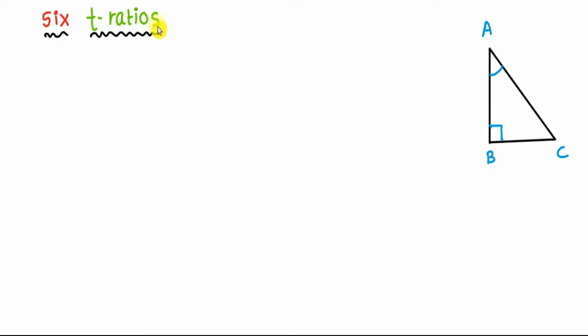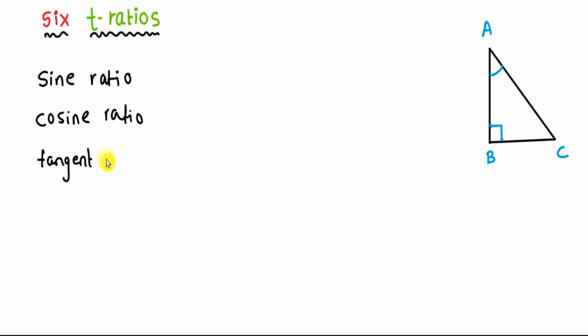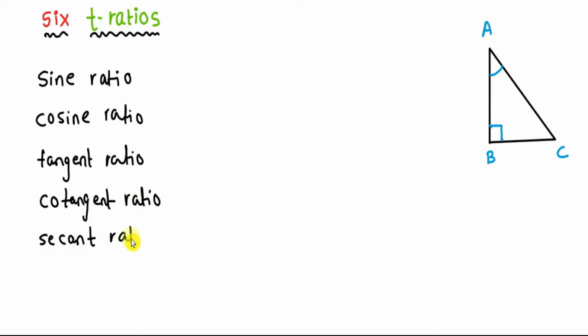The 6 trigonometric ratios are sine ratio, cosine ratio, tangent ratio, cotangent ratio, secant ratio, and cosecant ratio. So these are the 6 trigonometric ratios.